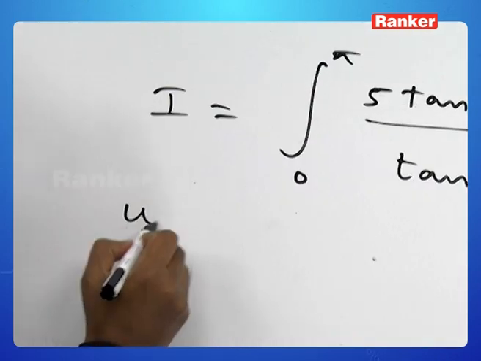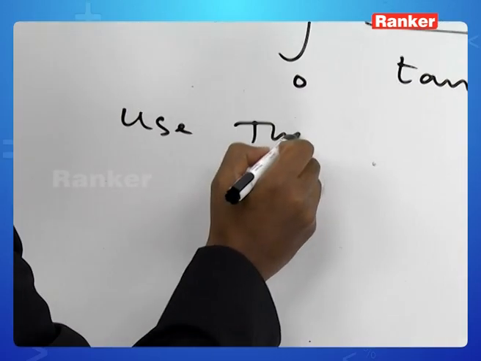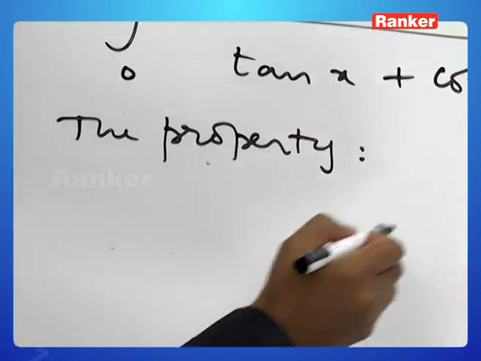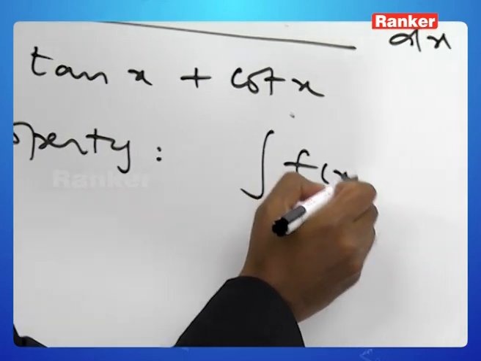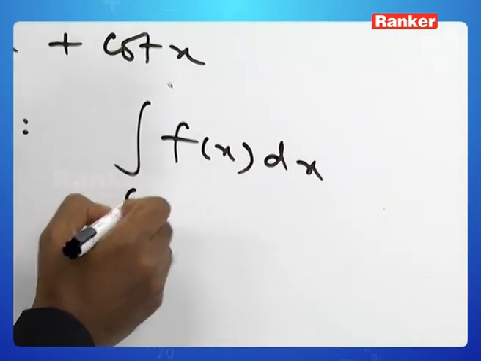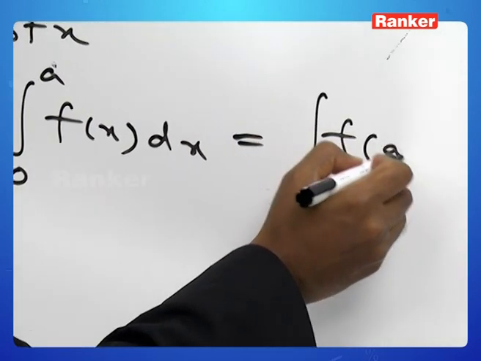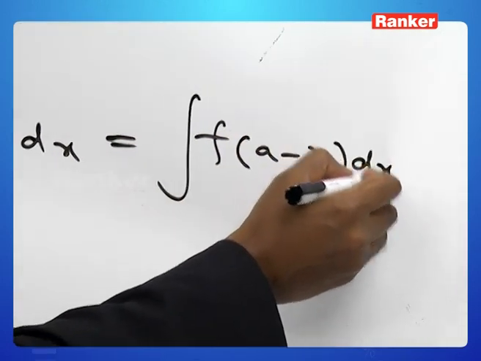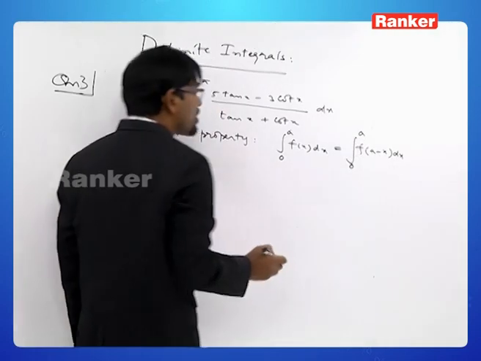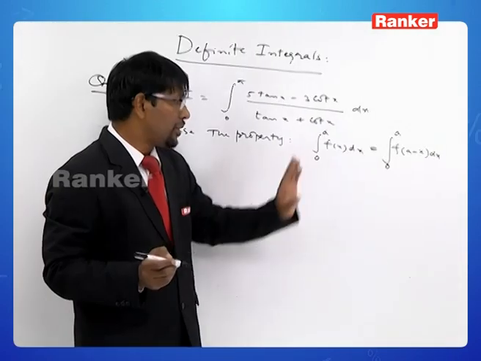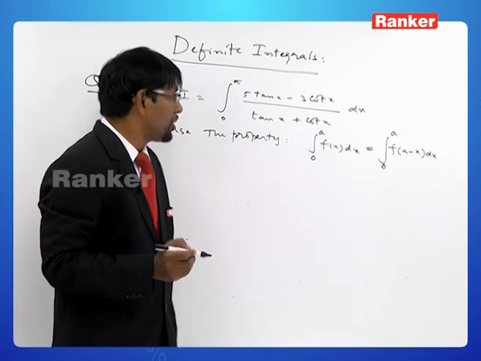Let's use the property: integral f of x dx from 0 to a is the same as integral of f of a minus x dx from 0 to a. That is, replacing x by a minus x, the integral will not be altering.